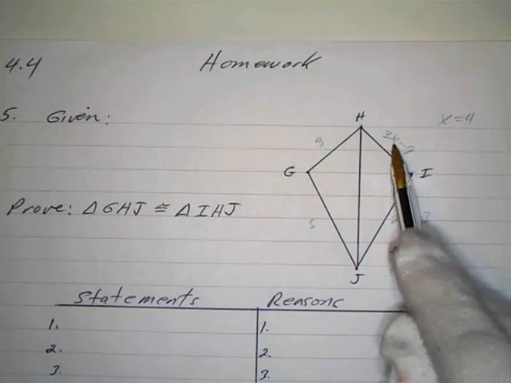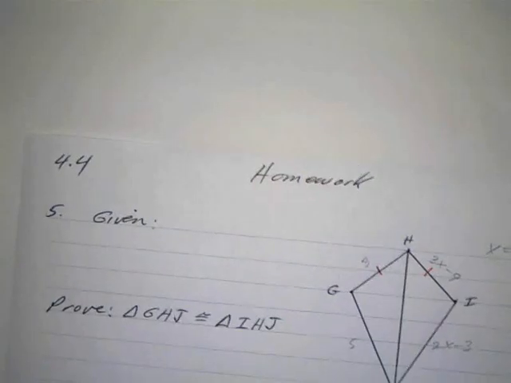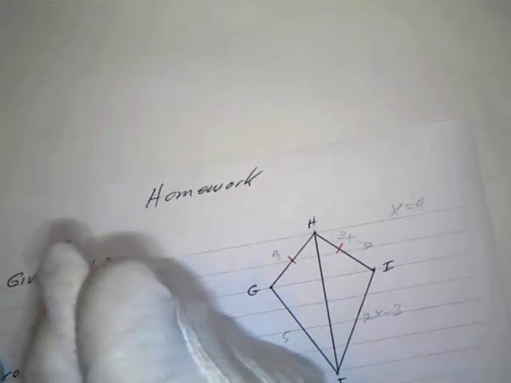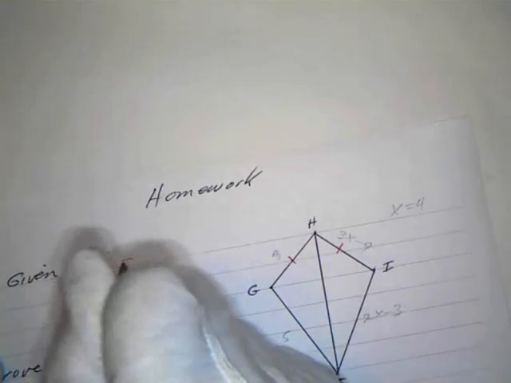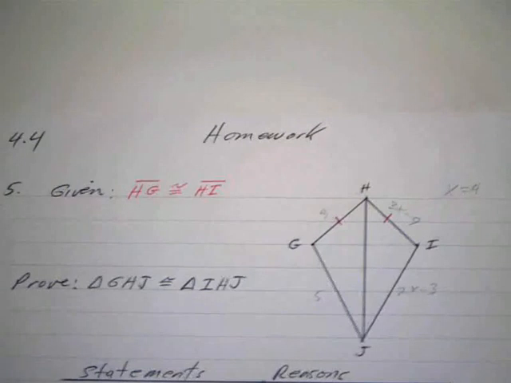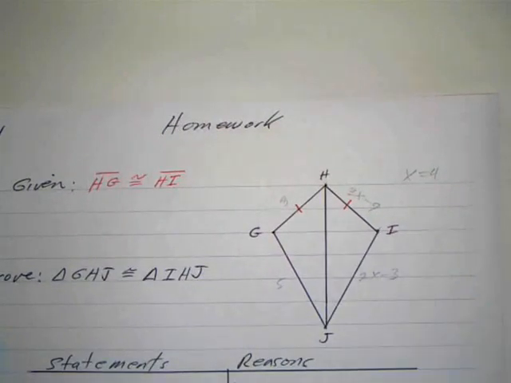So these two segments are congruent, so we would just put a mark there and there and say that that was given. So you'd say given that HG is congruent to HI. So that's what I wanted you to do, was just use that value of x.